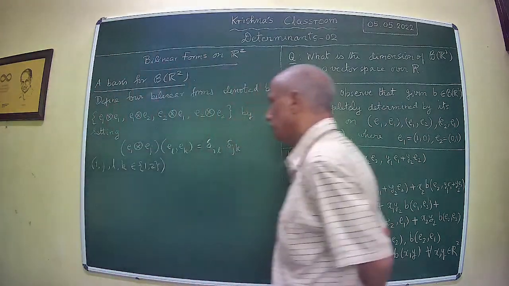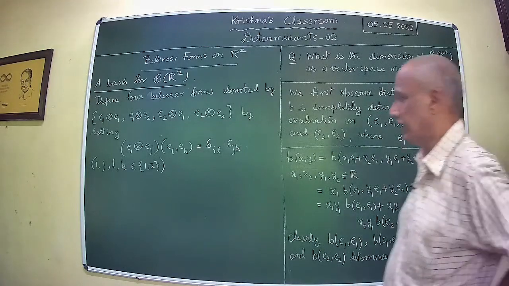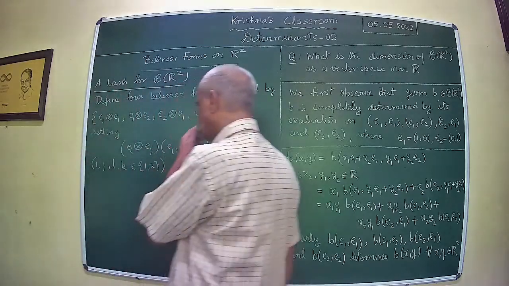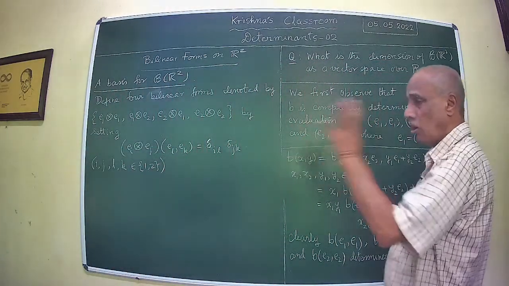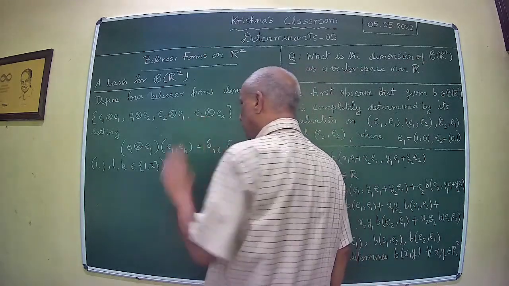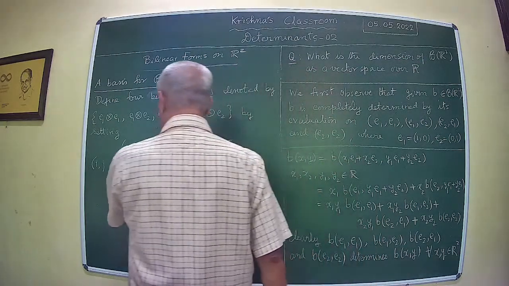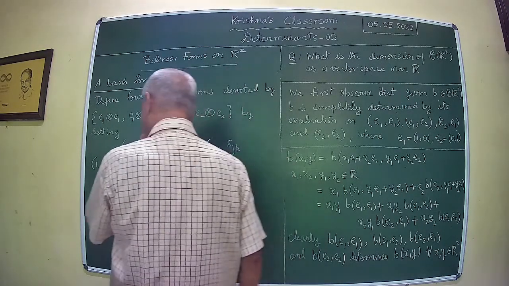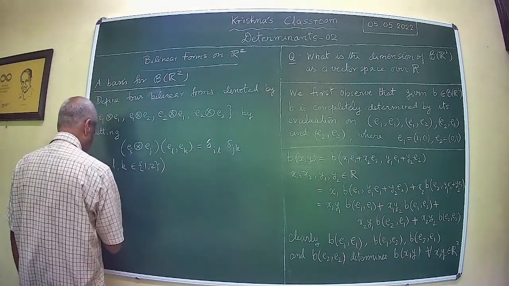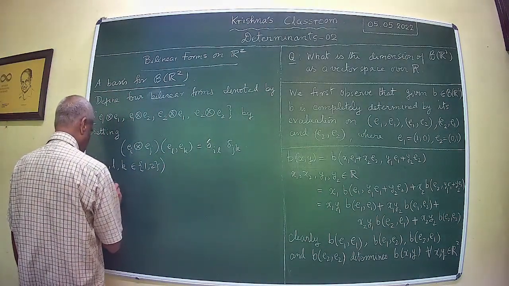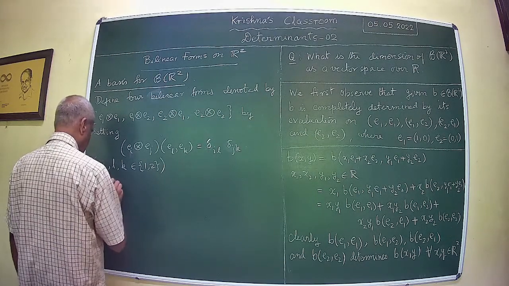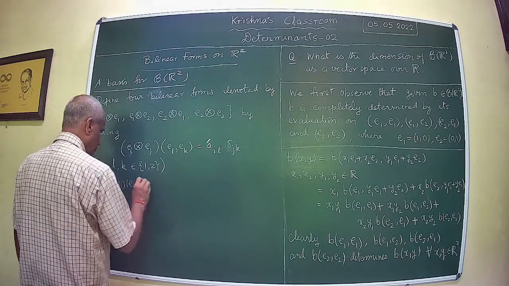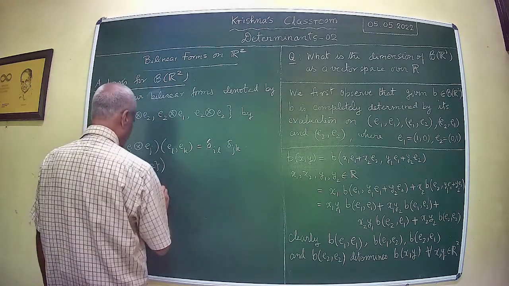That means if you just fix E1 say, then E1 tensor product E1 on (E1, E1), for example, this is equal to 1.